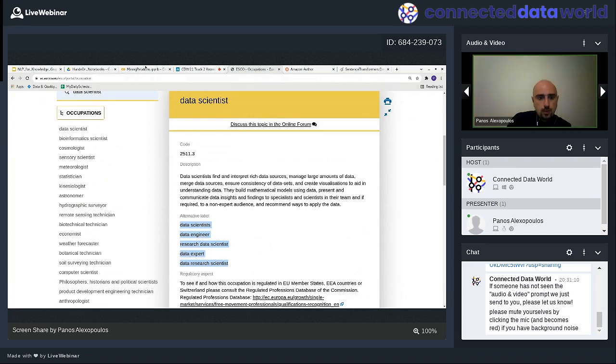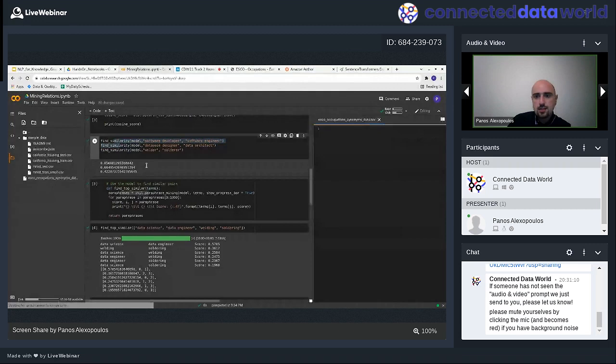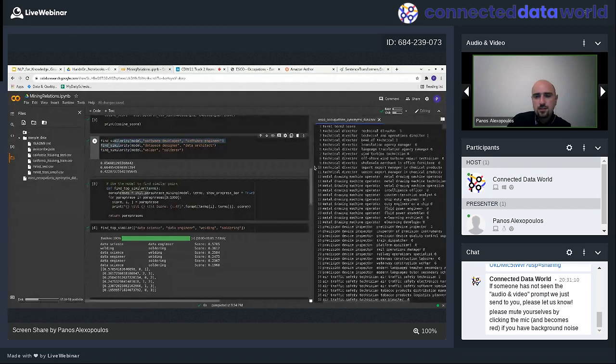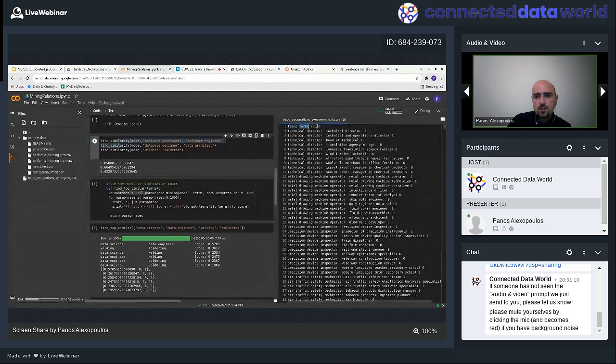So one way to do that, what I did actually this morning, is that I parsed the ESCO model. ESCO is in RDF, so I just downloaded the model and parsed it, and I created a data set, which you can see here. It's a pretty simple data set. It has one term, another term, and a score of whether it's identical or not.